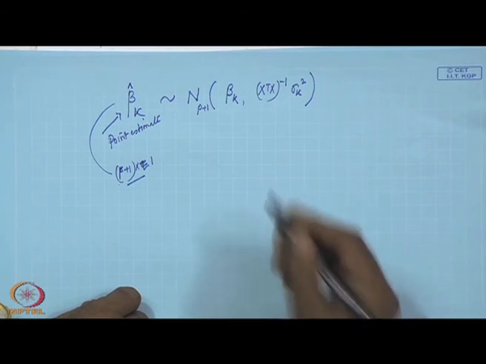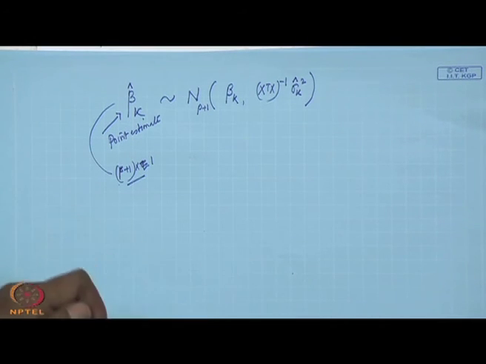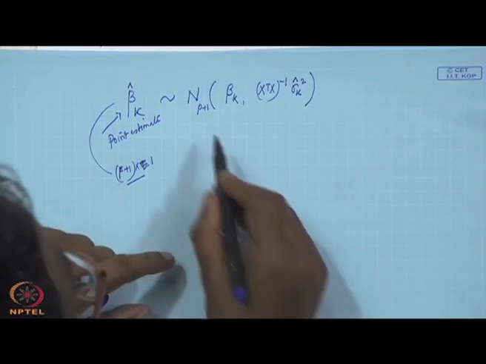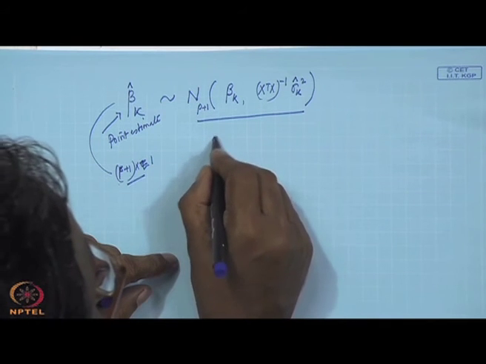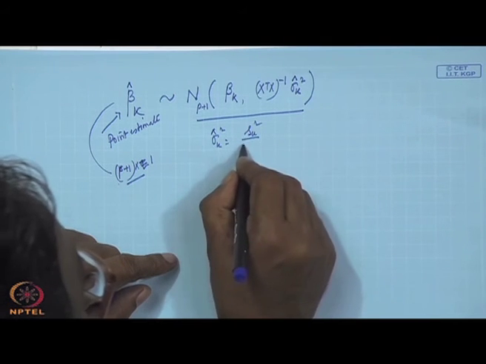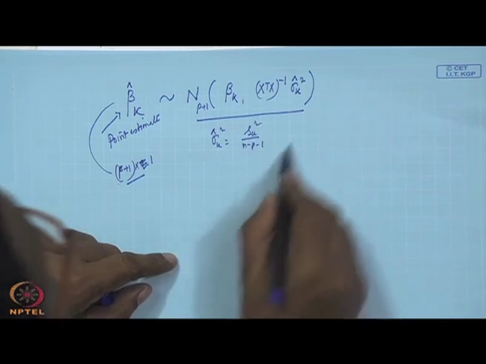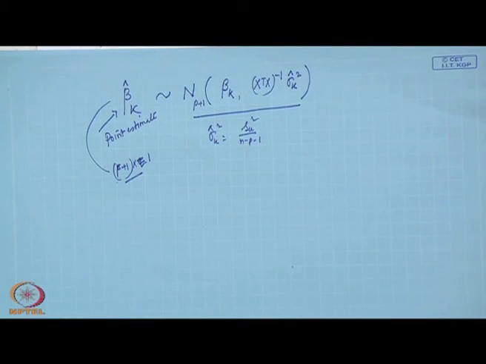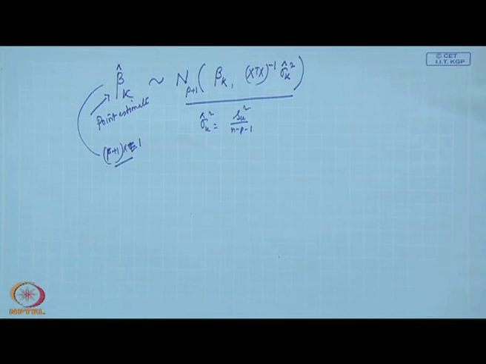The sigma k square will be estimated, and ultimately you will replace sigma k square by s k square divided by n minus p minus 1, where s k square is the kth element of the SSCP matrix.